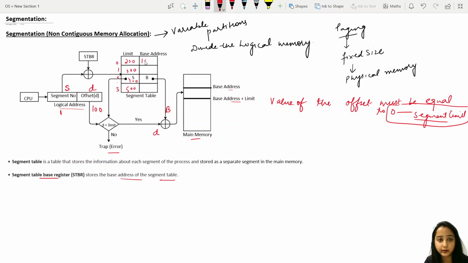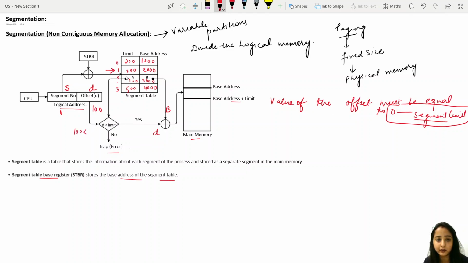Here we have the base addresses 1000, 2000, 3000 and 4000. First it will see the segment number with the help of the logical address. Suppose I have to fetch segment number 1. Segment number 1, what is the limit? 300. So the offset value is 100.